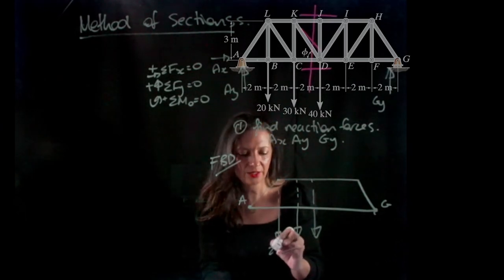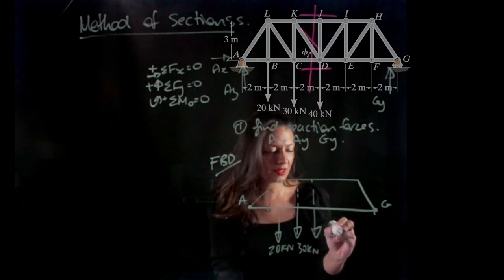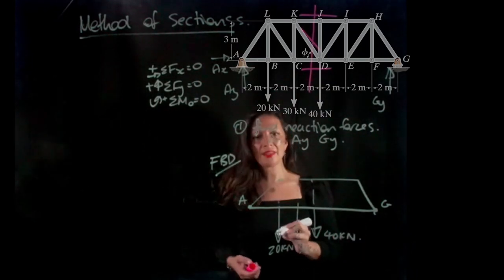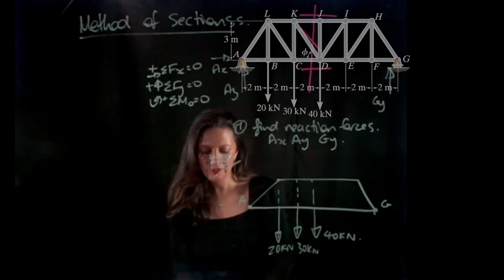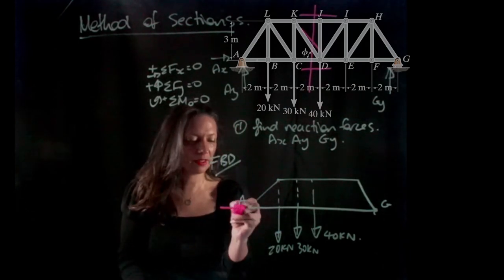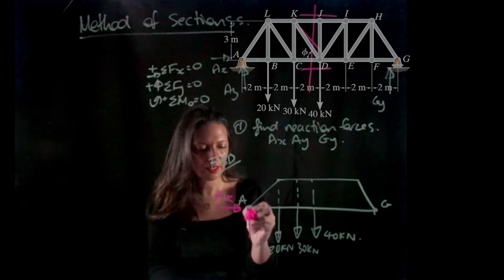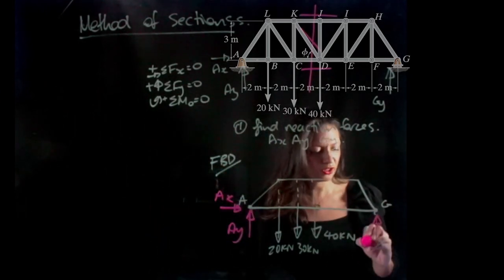And this is 20 kilonewtons, 30 kilonewtons, and 40 kilonewtons. And we have some distances, so let's just draw in the reaction forces first. So here we have AX and AY, and here we have GY.